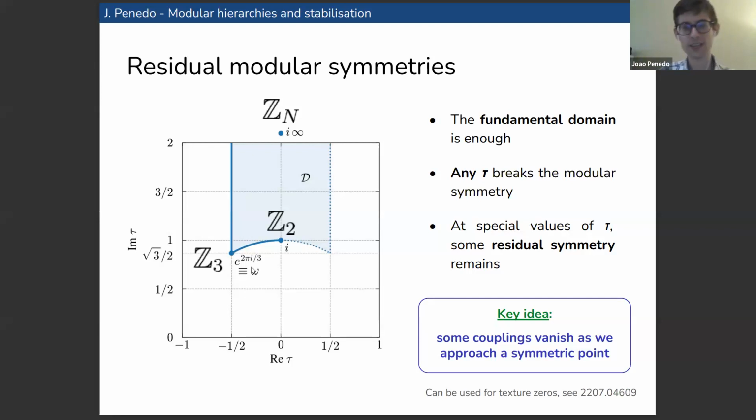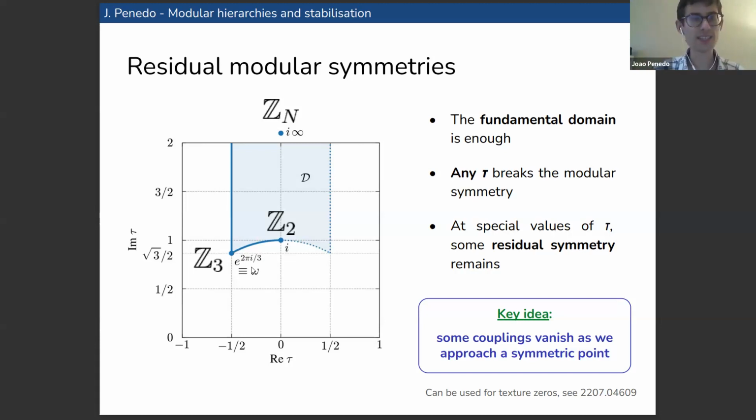So you preserve the product ST. This element is unbroken. And you can already try to guess that if we keep some residual symmetry alive, then you have constraints in your mass matrices. In particular, and this is the key idea, some couplings will vanish when you are at a symmetric point, or be very small if you are close to a symmetric point.